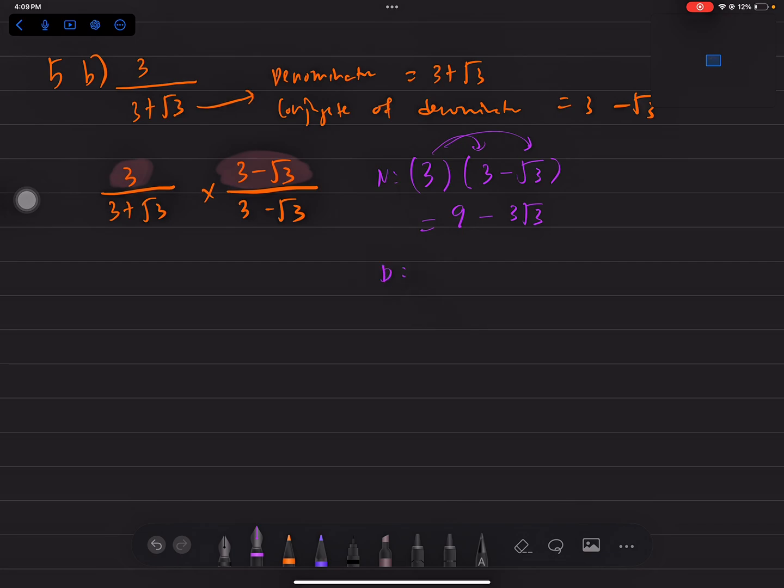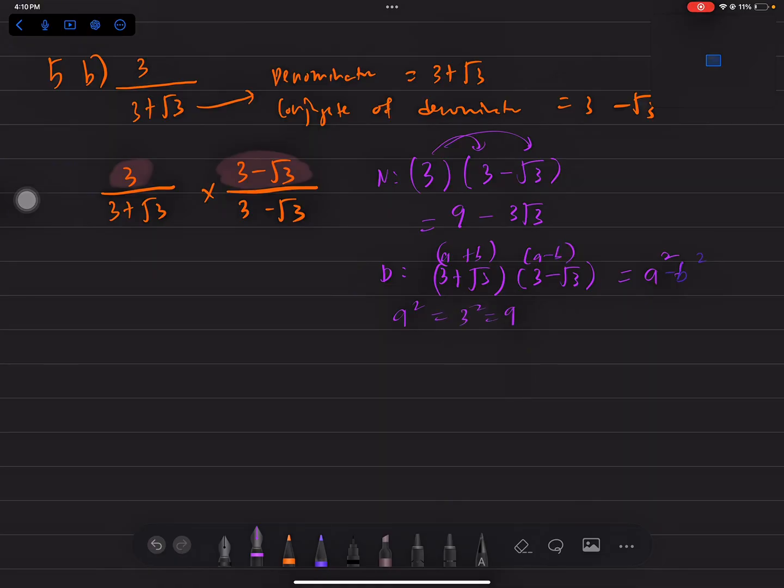The denominator is a conjugate pair. So it is equal to A squared minus B squared. Now what is A squared? This is A plus B, A minus B. A squared is 3 squared, 9.